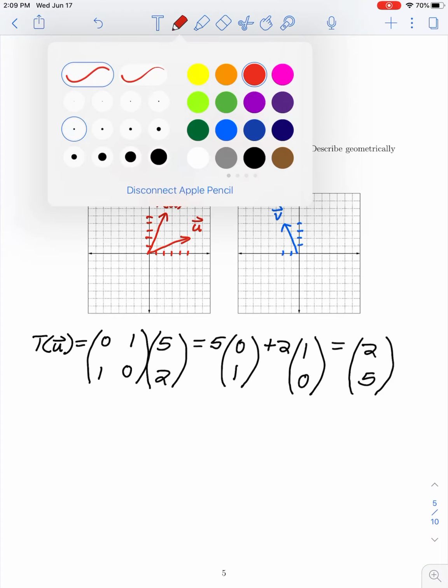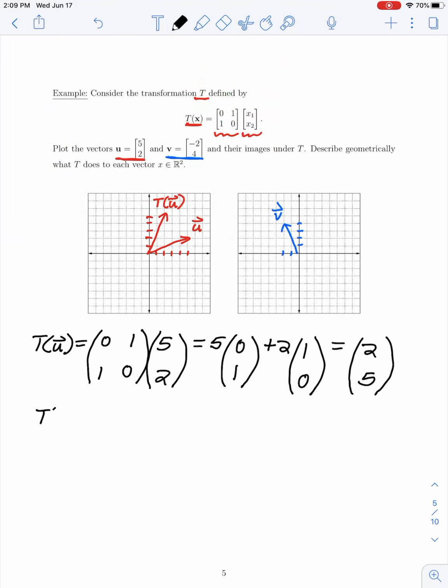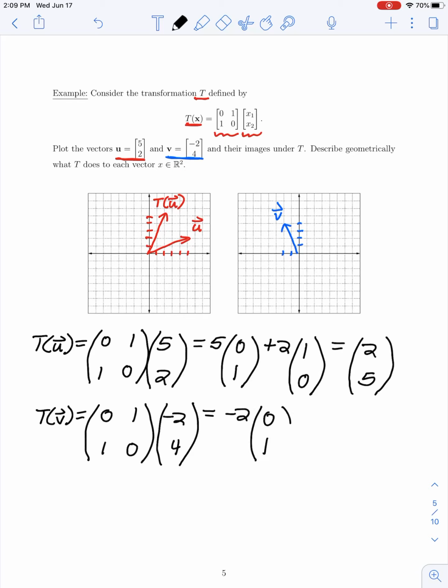So this vector would be the transformation of that vector u. And let's see what happens with v. So T of v is the matrix 0, 1, 1, 0 times v, which was negative 2, 4. So this gives us negative 2 times 0, 1 plus 4 times 1, 0, which leaves us with an image of 4, negative 2.